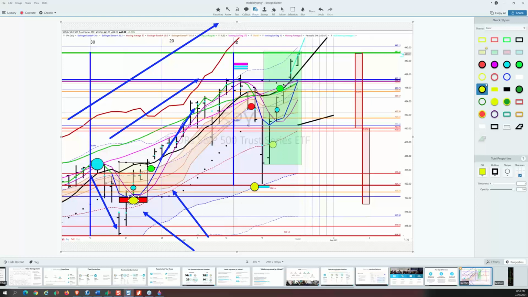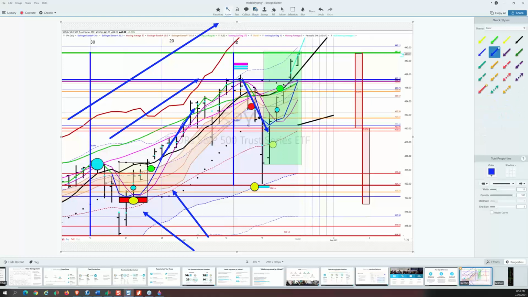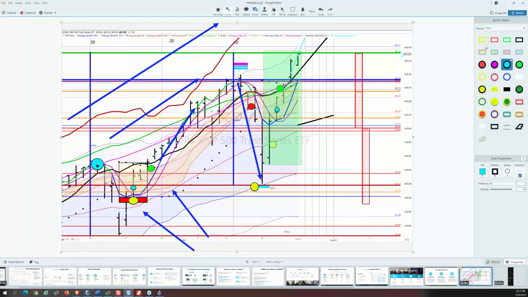Now let's take a look at this latest sell-off. It peaked here, sold off harshly for 3 or 4 days, gets down to the edge of the river, and then you have bar 1, bar 2, and bar 3. And this blue dot represents the 1, 2, 3 entry because you have a harsh sell-off in bar 1.